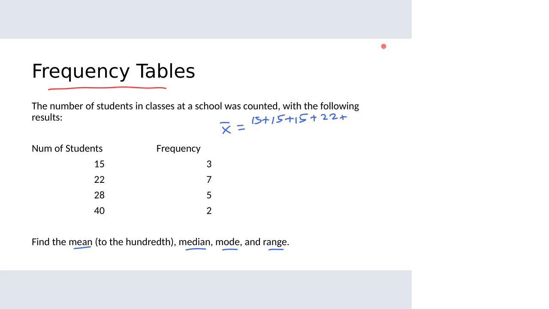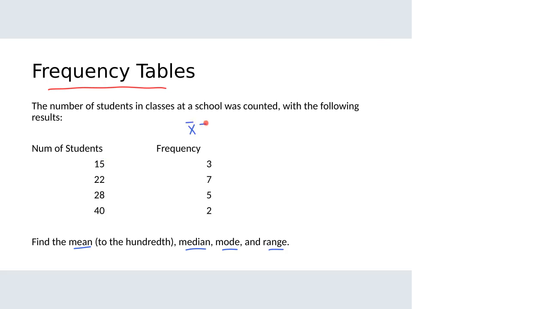Instead of repeated addition, we're going to use multiplication as our shortcut. Instead of doing 15 plus 15 plus 15, I'm just going to multiply 3 times 15, because that's how many I have in my data set.